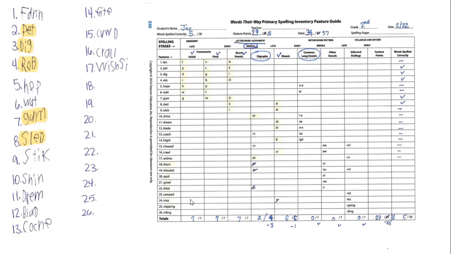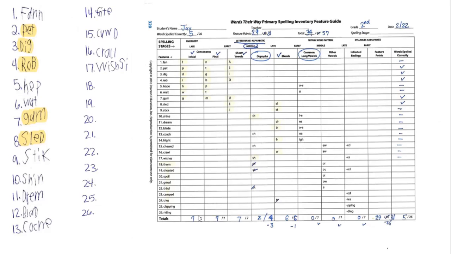And at the end, you go all the way down to add up how many points did they get for each word within each of these categories. And so that then helps you to very quickly analyze, wow, look at what Jax has under control.